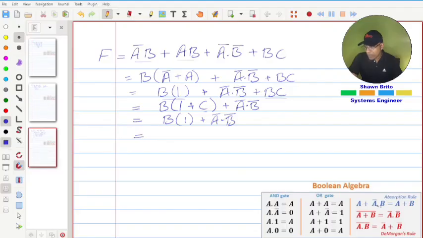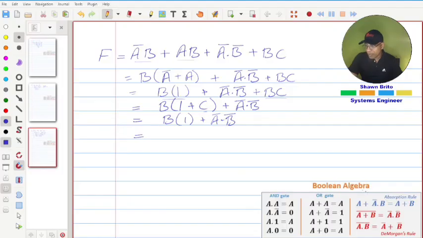This absorption rule ignores the duplicate a, so you have a plus b as the final result. The a is completely ignored, even if it's bar, but the b is preserved.